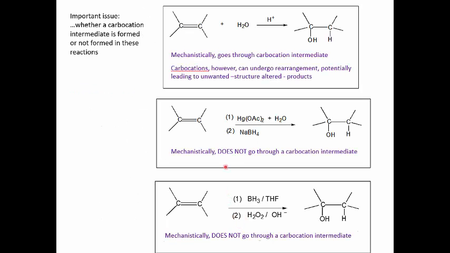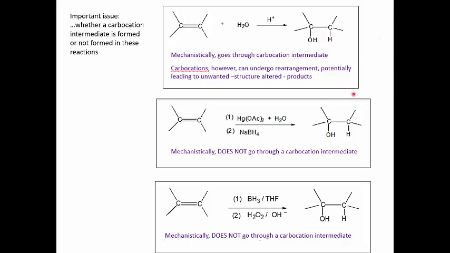Now, one thing we learned in our last class is that the oxymercuration-demercuration reaction sequence was different from the acid-catalyzed addition of water to an alkene, in that the direct addition of water reaction mechanistically went through a carbocation intermediate. Because of this, potentially, this reaction can lead to rearrangements, often forming unwanted alcohol products.